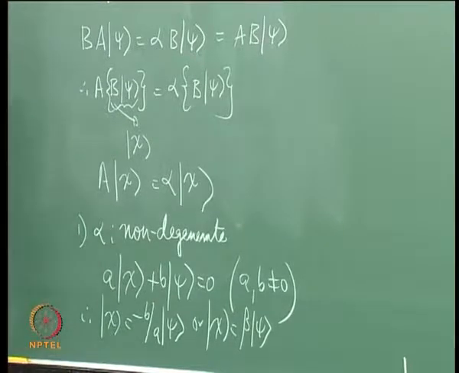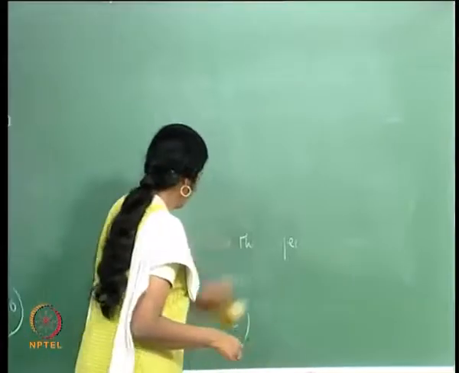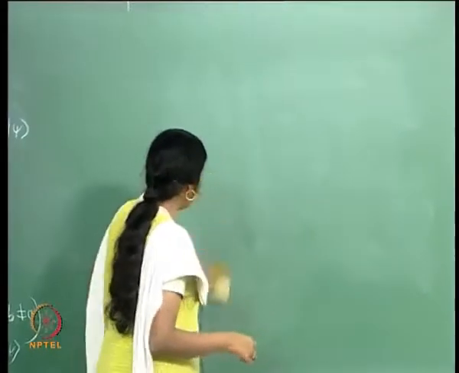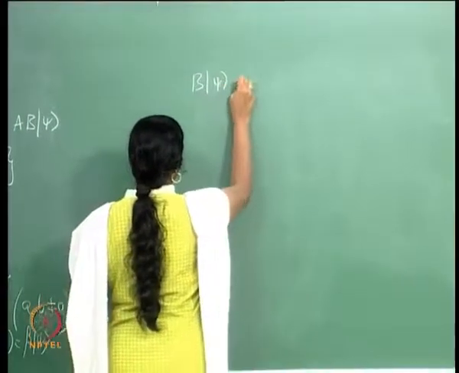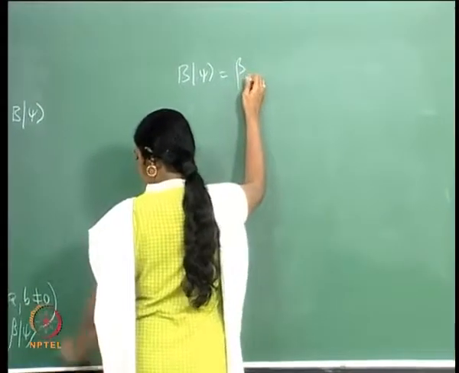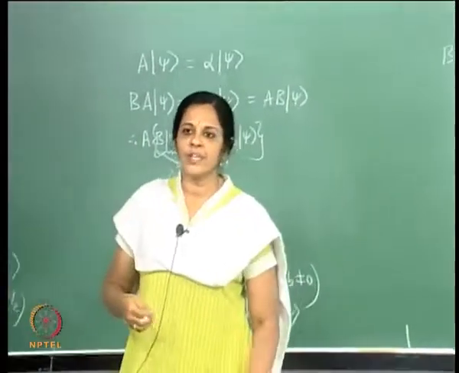That is the only way by which this could have happened. Clearly, this means B psi is equal to beta psi. What is it that we have established?